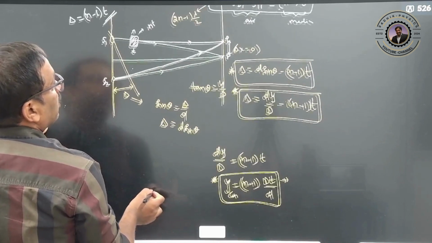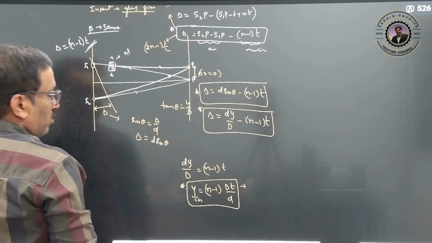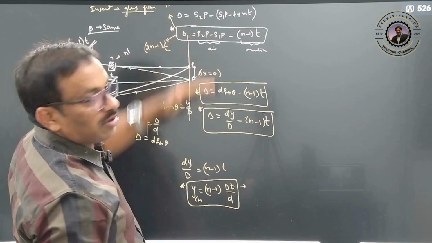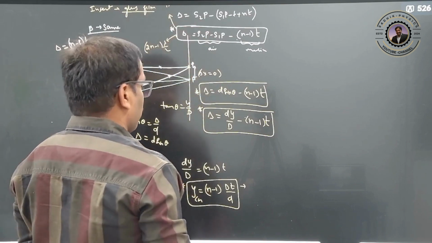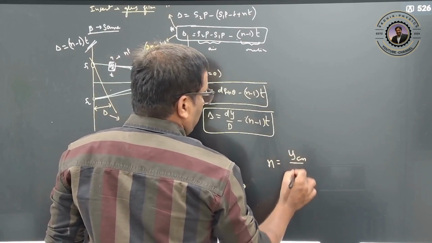Sometimes they may ask how many fringes will be shifted. The number of fringes can be written as y_cm divided by the fringe width.